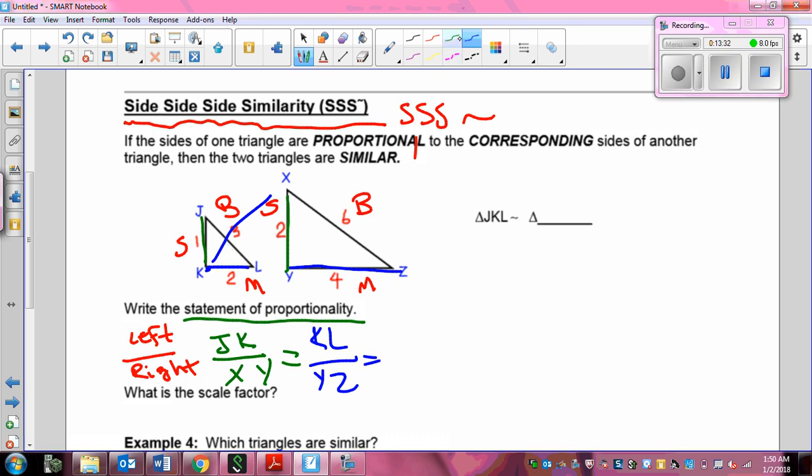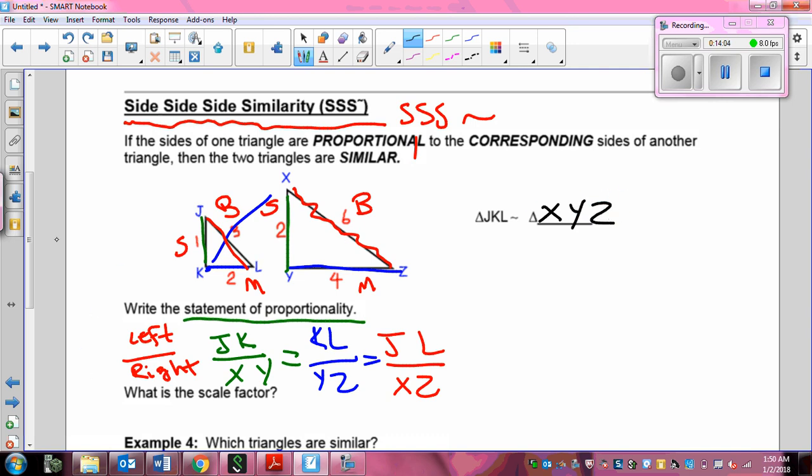And my third side is going to be JL over XZ. Now, I can make my similarity statement. I can say triangle JKL is similar to triangle. I started with J, so I have to start with X. I went to K, so I have to go to Y. And then I went to L, which is Z.